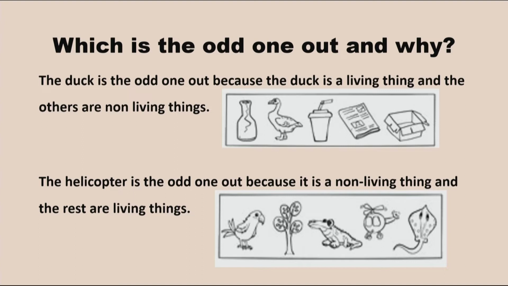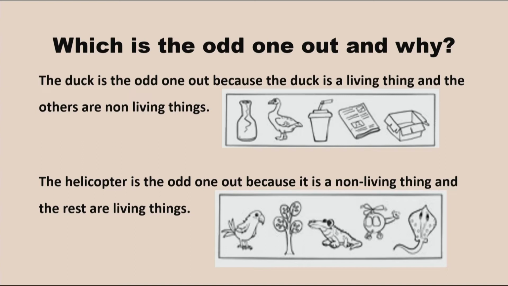There's a glass bottle, a duck, a cup, a newspaper, and a box. Which one is the odd one out? Yes, excellent. It's the duck. Why? Because the duck is a living thing and the others are non-living things.